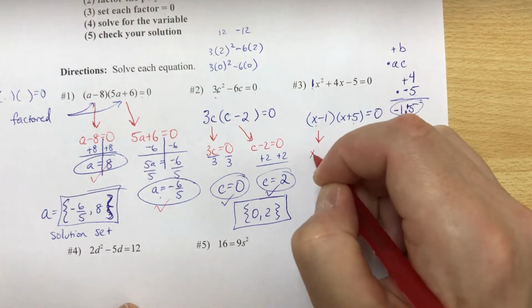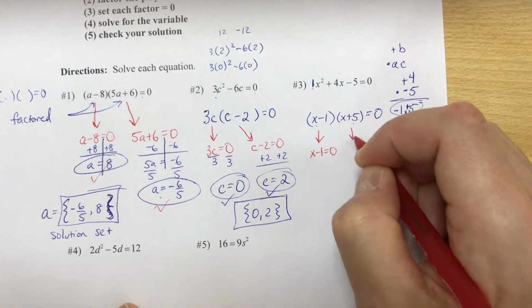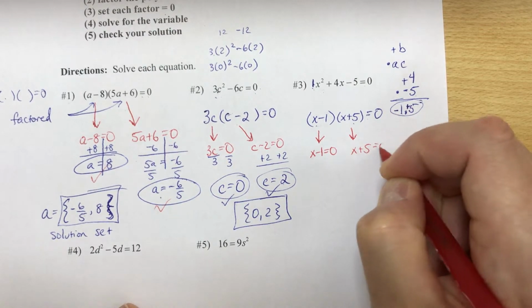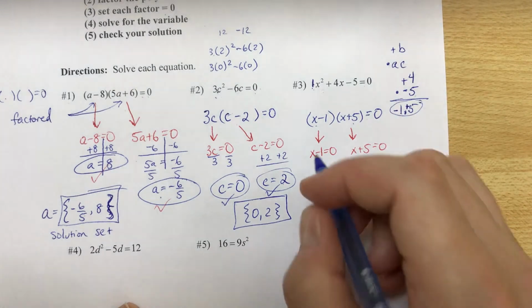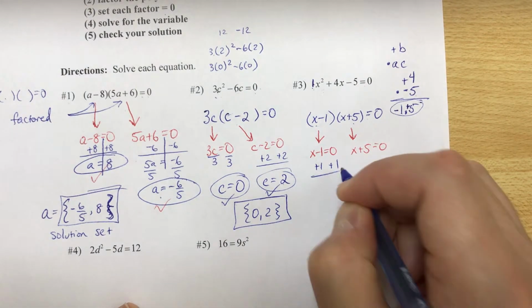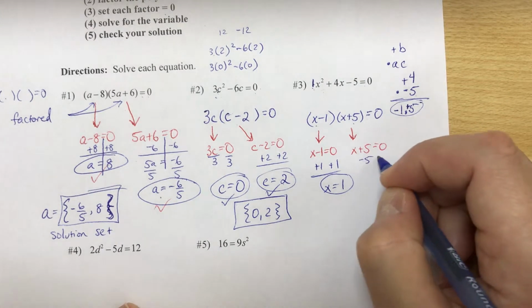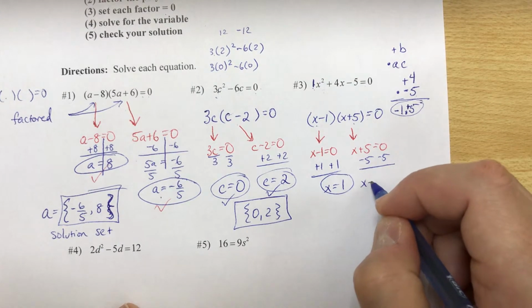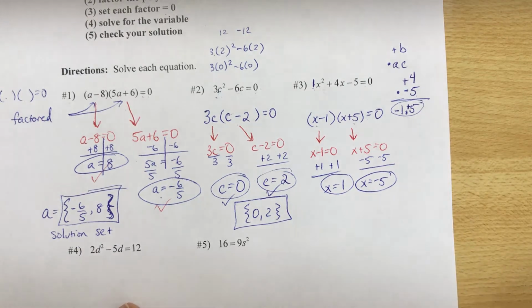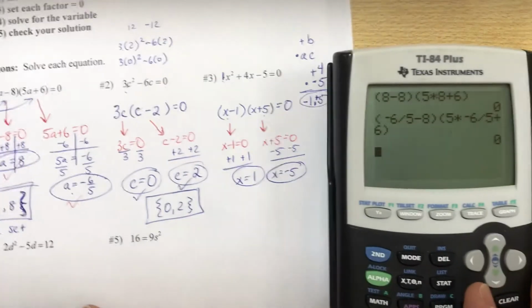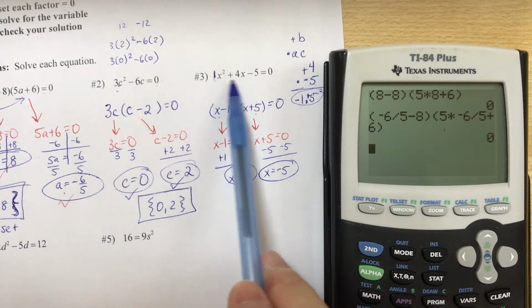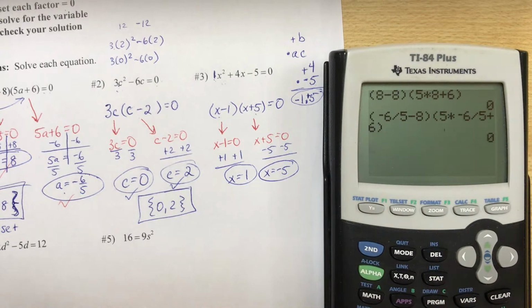So we set each factor equal to 0. And so we'll go plus 1, plus 1. So x is equal to 1 is one solution. Minus 5 from both sides. X equals negative 5. Does it work? Well, let's take the original equation, the left side.